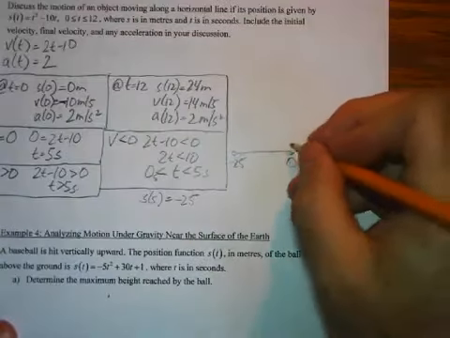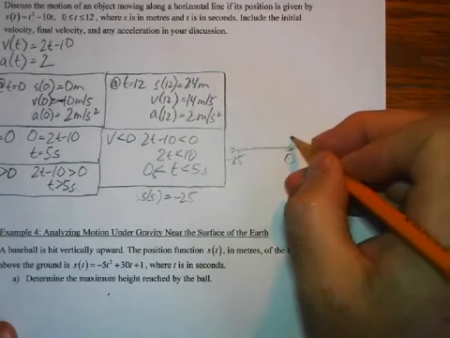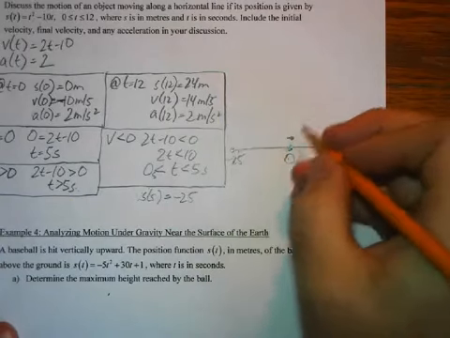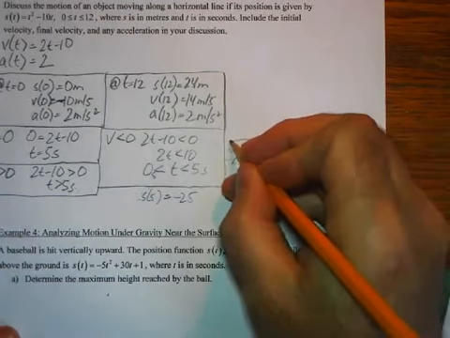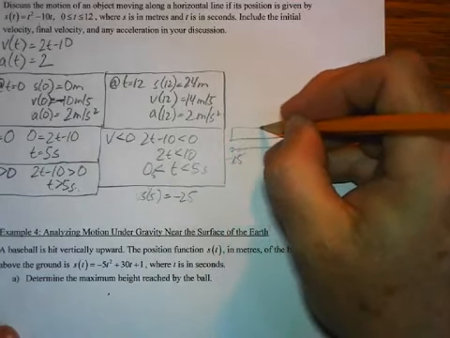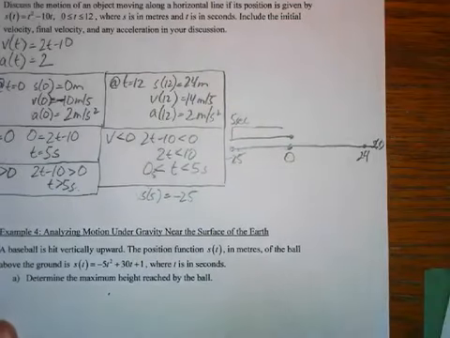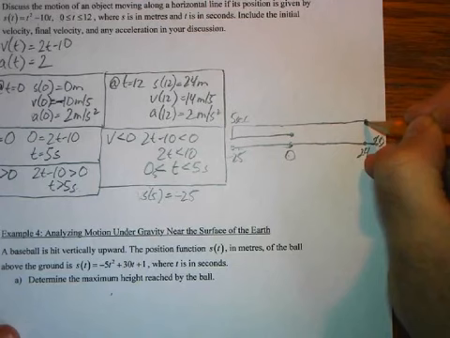So basically, this is the path of the object. At 0 seconds, it started here at 0 meters. It went all the way up to here, and then turned around, and this happened at 5 seconds. And then it traveled all the way out to 24 meters at 12 seconds.